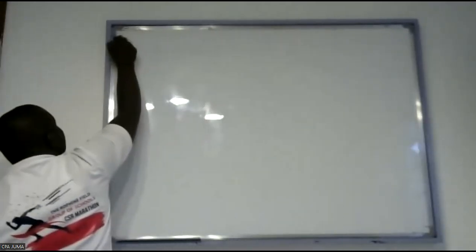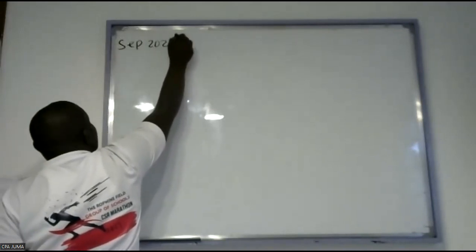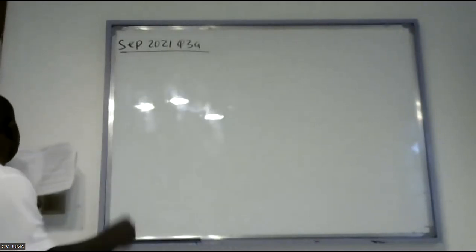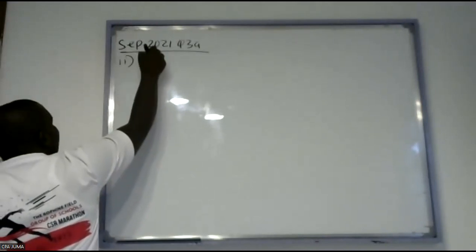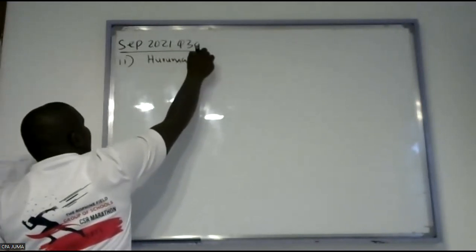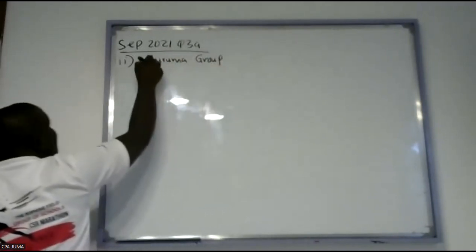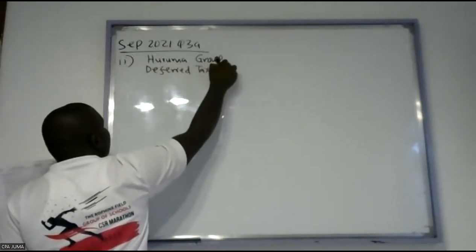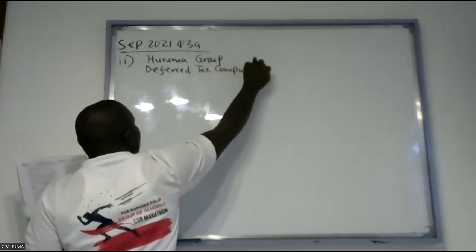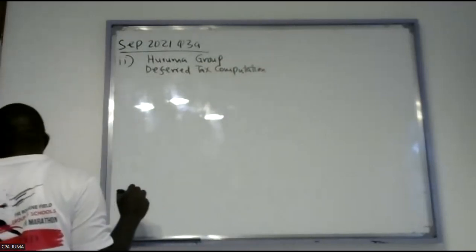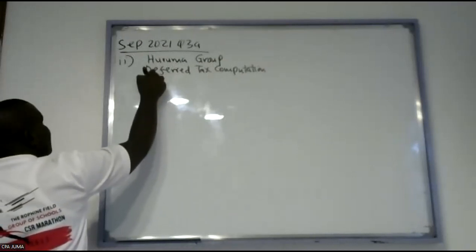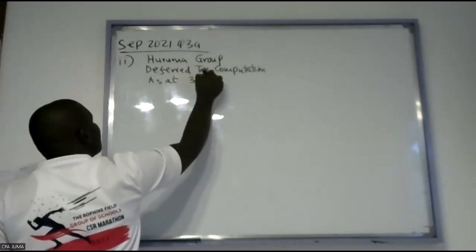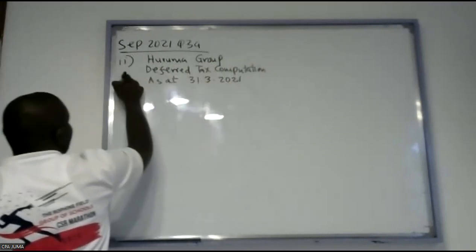So this is September 2021, question 3A. Huruma Group, deferred tax computation as at 31st March 2021.